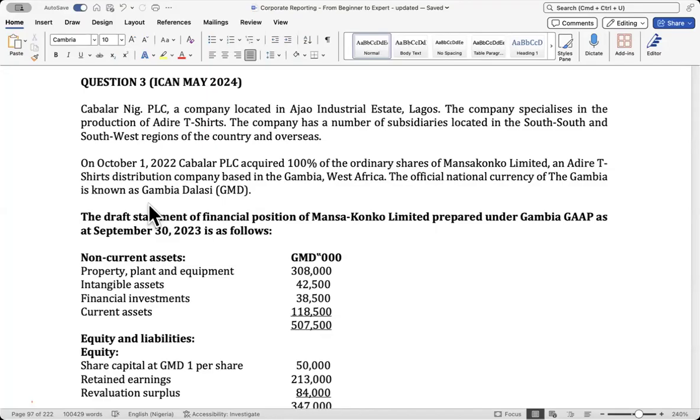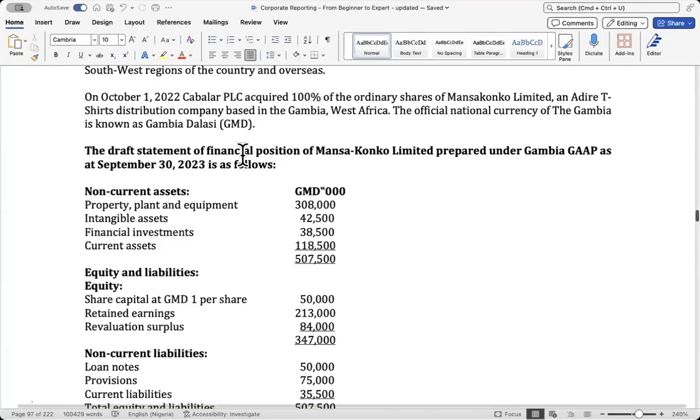The official national currency of the Gambia is known as Gambia Dalasi, GMD. The draft statement of financial position of Mansa Concor Limited, prepared under Gambia GAAP as at 30th September 2023, is as follows.